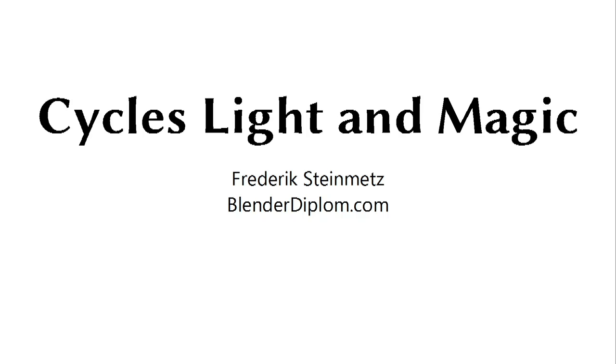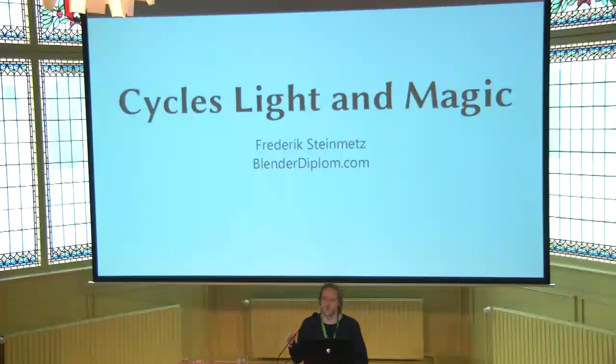That happened to us a lot, and we put all that knowledge, all the tests, into the Cycles Encyclopedia that you can get either at blenderdiplom.com or in the Blender eStore. And I don't think there's a source that's as complete, where you have all the detailed information in one place. I don't think that exists.